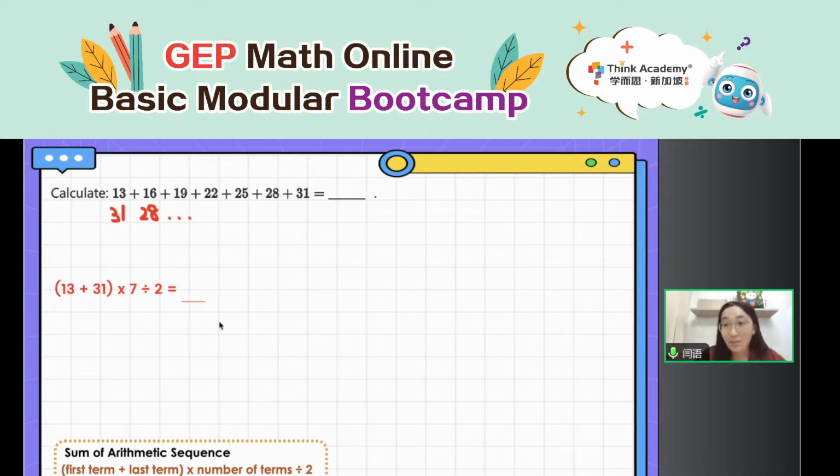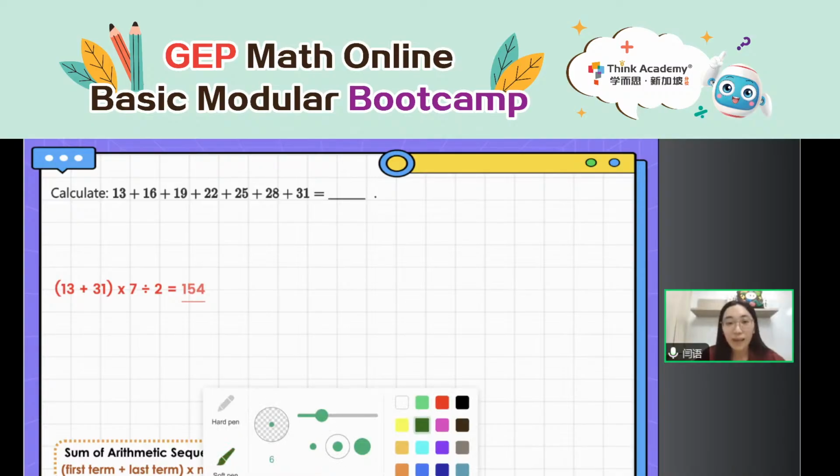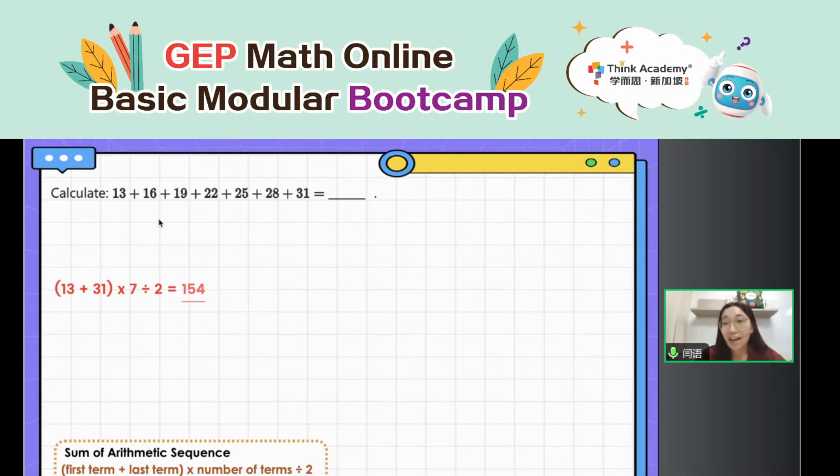And then how many terms are there? You can just count directly: 1, 2, 3, 4, 5, 6, 7. Okay, times 7. But remember that after you multiply them, you will get a double train, but you only want one train. That is divided by 2. So in this way, what is the answer? The answer should be 154.